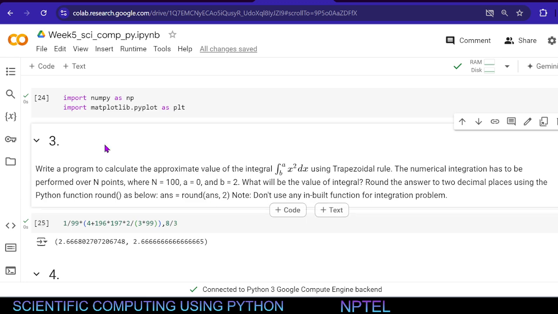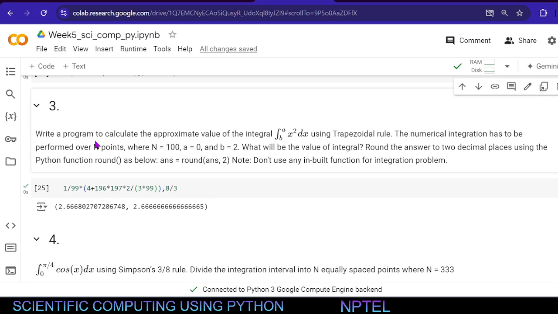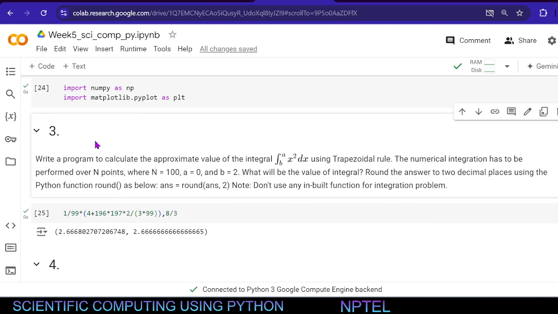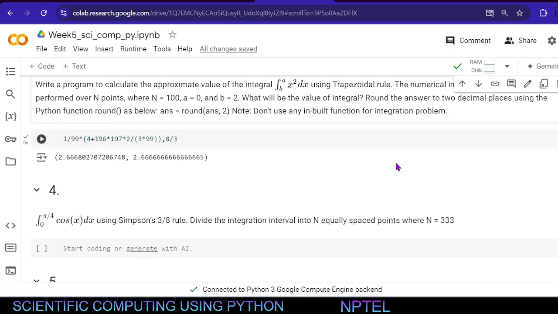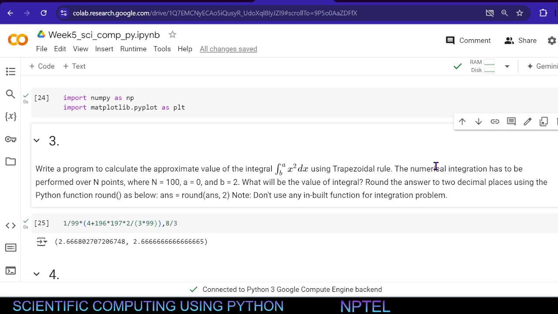All right. So the third question, the first coding question, is to write a program to calculate the approximate value of the integral of x square dx from a to b using the trapezoid rule. Some instructions are given, which are there in almost all of the questions, so I am not repeating them later. The integration has to be performed over n points, the values of n, a and b are given, and we have to round the answer to 2 decimal places.